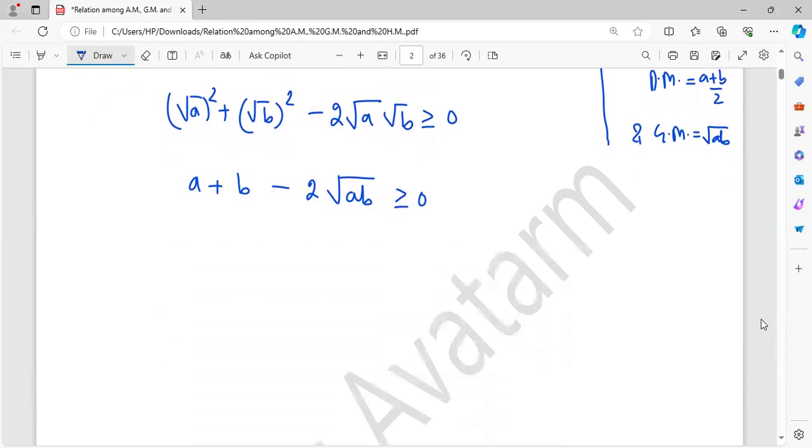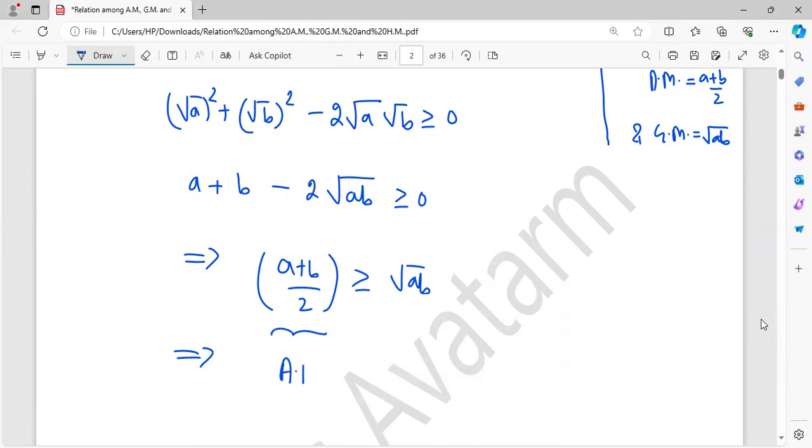This implies I can write (A plus B) by 2 is greater than or equal to under root AB. So this is my AM and this is my GM. So this is the relation.